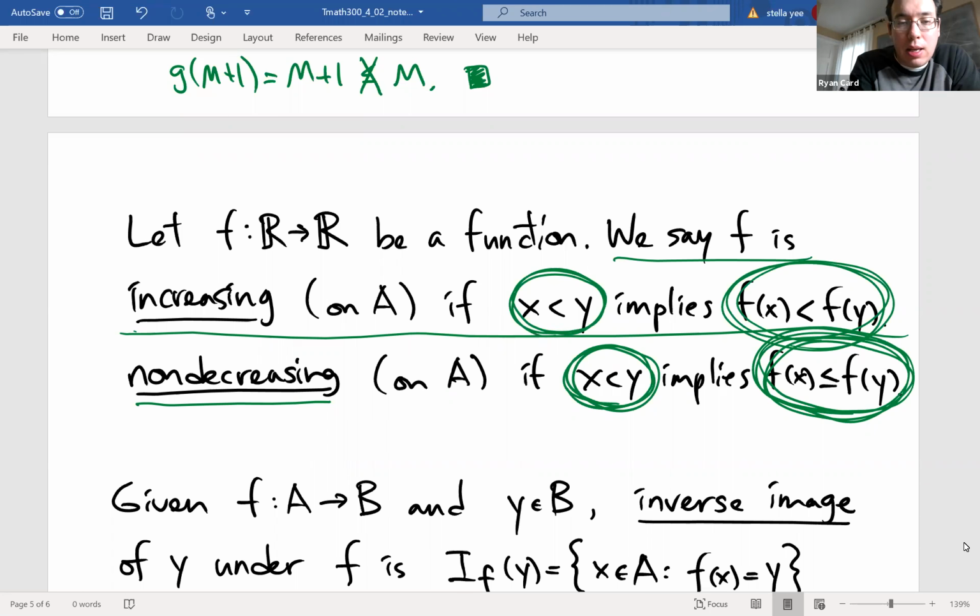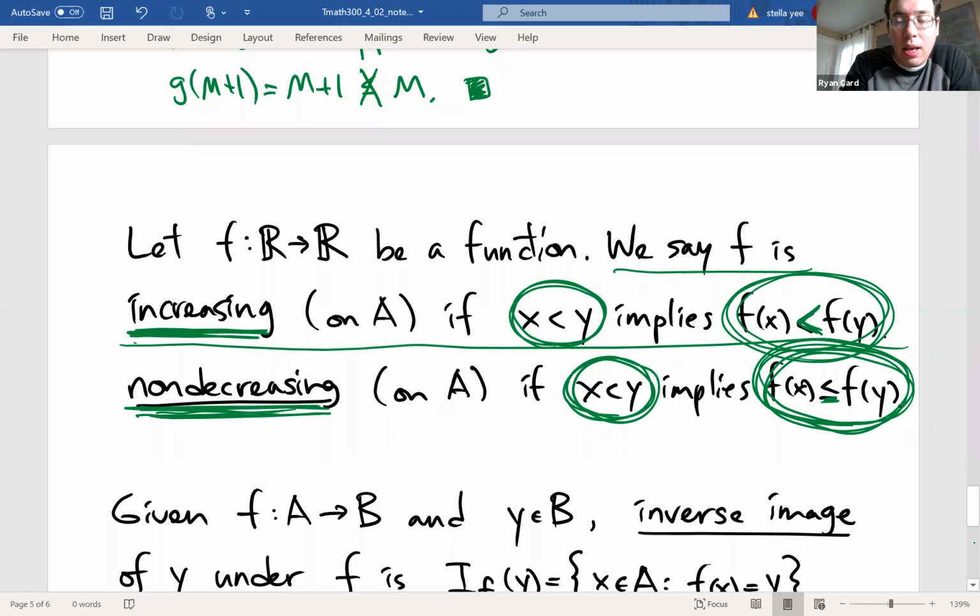This is the definition we'll use for this class, but sometimes different books use different words. Sometimes people call this condition strictly increasing, if you're using strict inequality, strictly less than there. And sometimes when it's non-decreasing, people might say that's weakly increasing, so that includes the possibility of the equal sign as well.